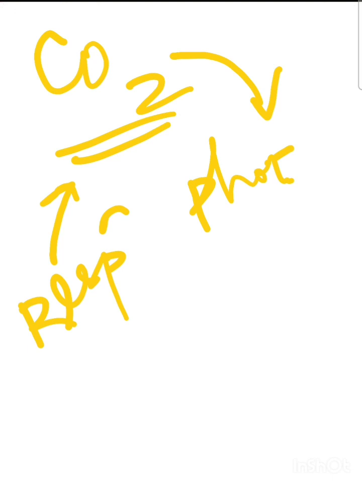In this way the earth's surface becomes hotter, so the overall temperature of the earth's surface increases as a result of the increase in CO2 concentration. This is known as the greenhouse effect, and carbon dioxide contributes maximum to the greenhouse effect. So it is the first type of air pollutants.